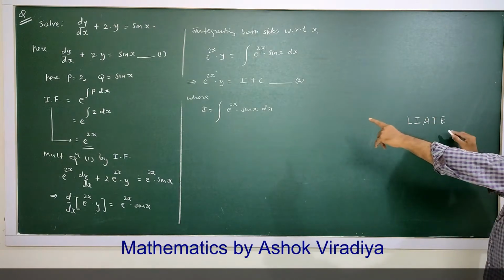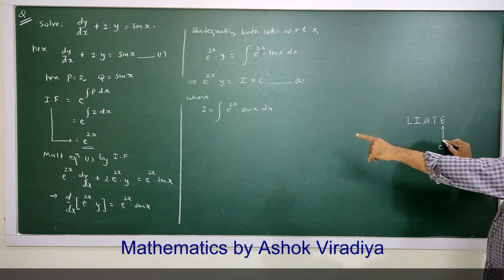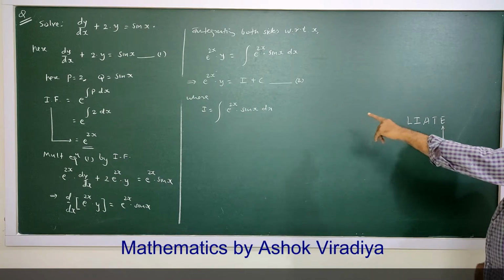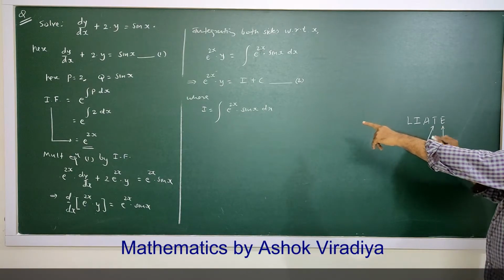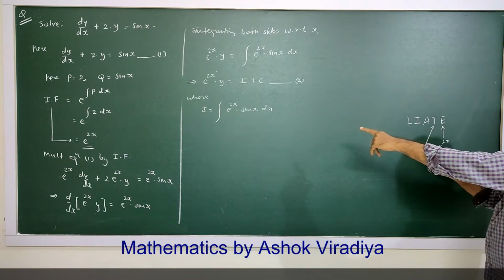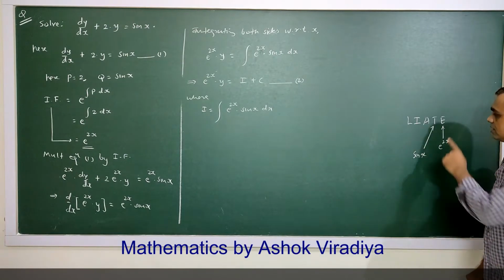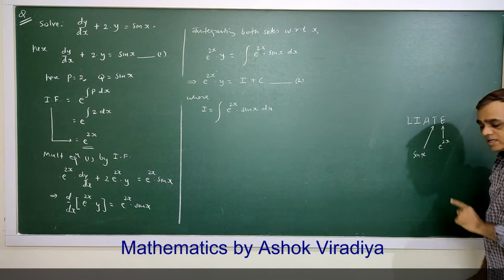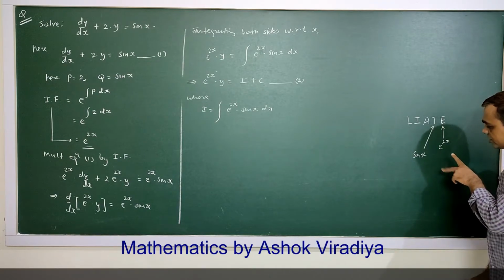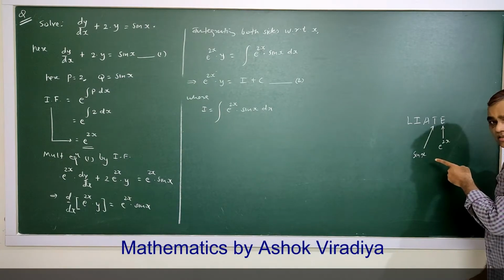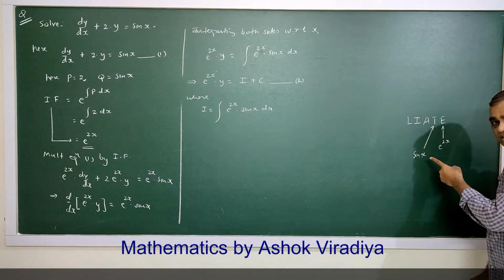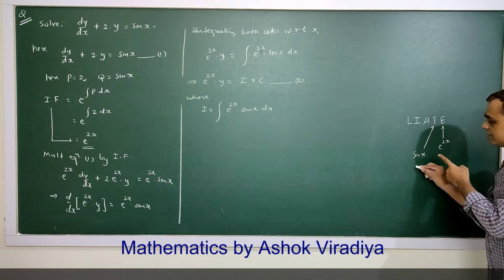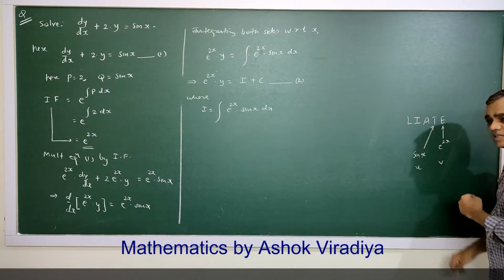Here e raised to 2x is an exponential function, sin x is a trigonometric function. Now look at the sequence, which is on the left side. Whatever is on the left side, consider it as u. So this will be u and this will be v.